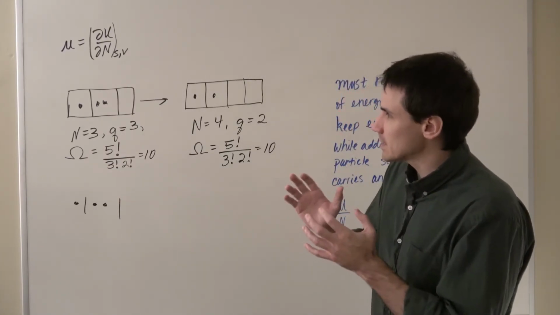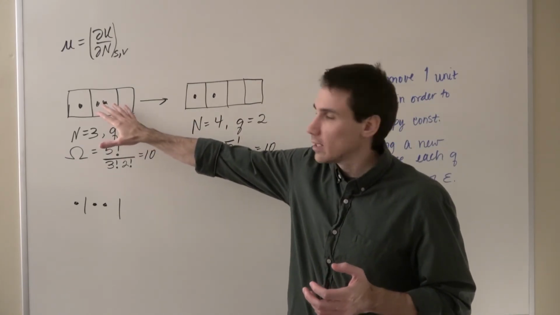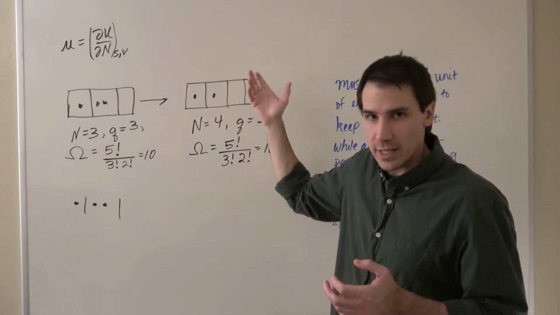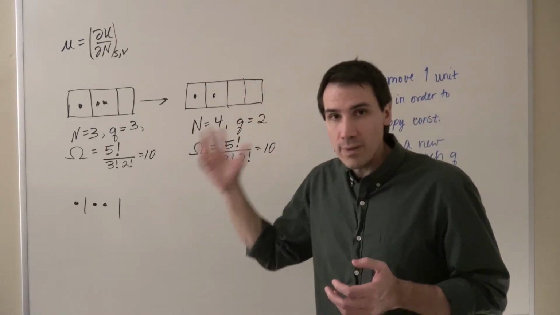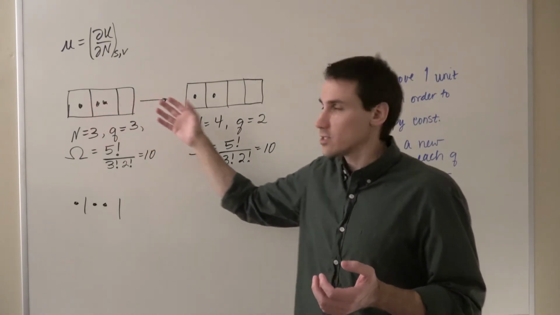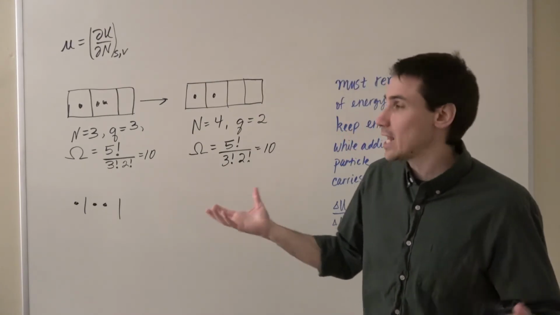Okay, so what happens is that if we keep the same amount of energy here as we add another particle, our omega will actually increase, because now we'll have 3 units of energy to spread around more particles, so we'll have more microstates and therefore more entropy.